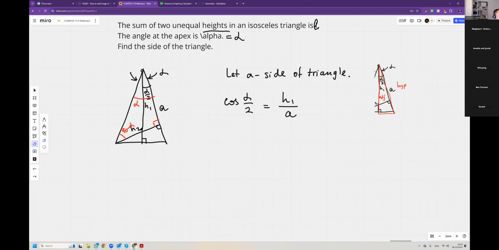Well, actually, that means this side is also A, that cos, sorry, cos 90 minus alpha, cosine of this angle, is H2 divided by A.